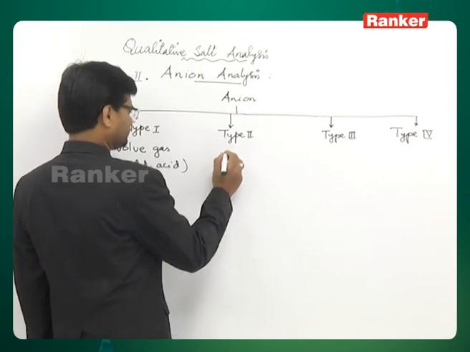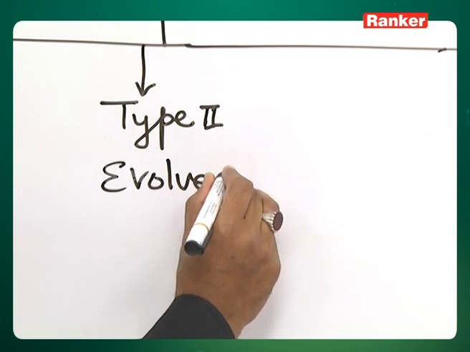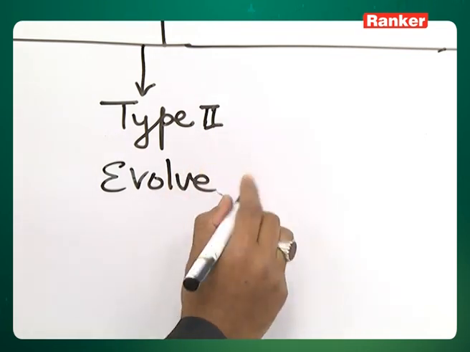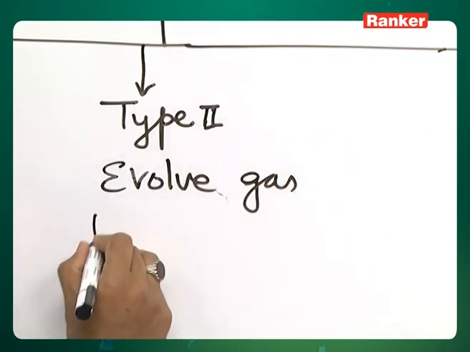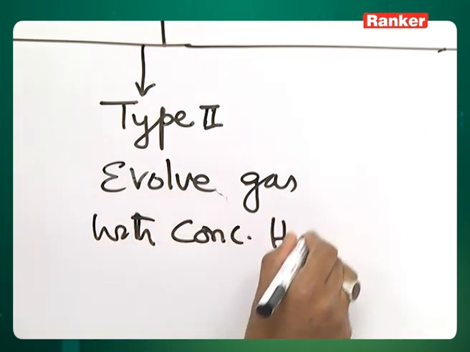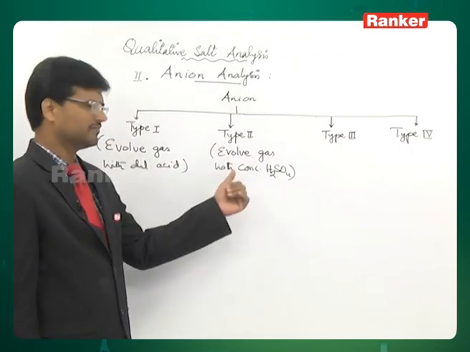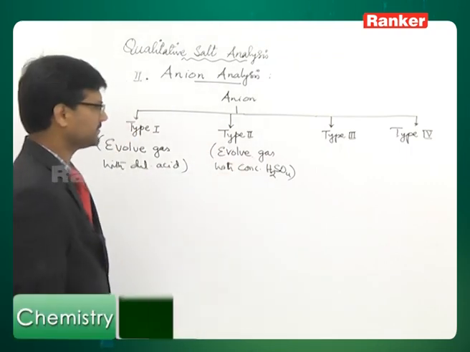Type 2 evolve gas with concentrated sulfuric acid. They evolve gas or they evolve some fumes with concentrated sulfuric acid.